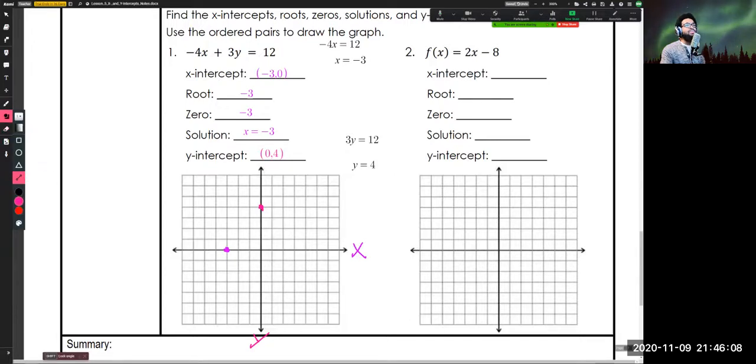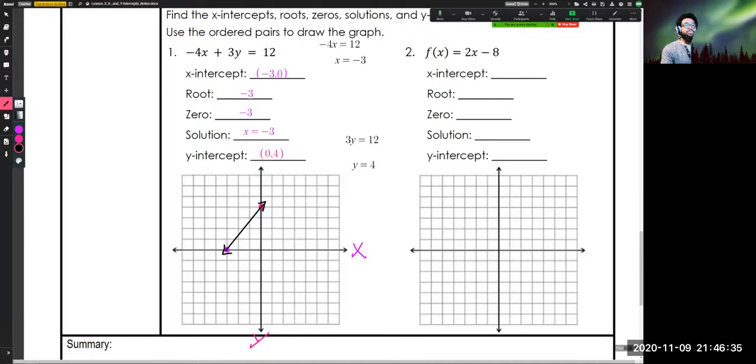Since we're using Cameo, I'm going to use my little line drawer tool and just go straight from here right up to that one. There we go. And there we have it. We have our line. And since this is a line, don't forget to draw your arrows, okay? Because lines don't stop.